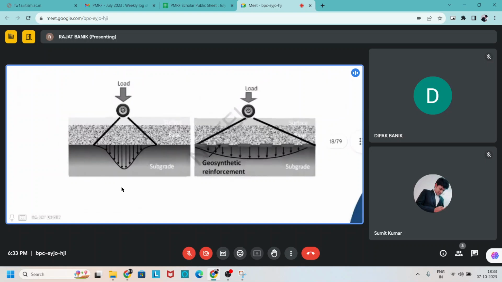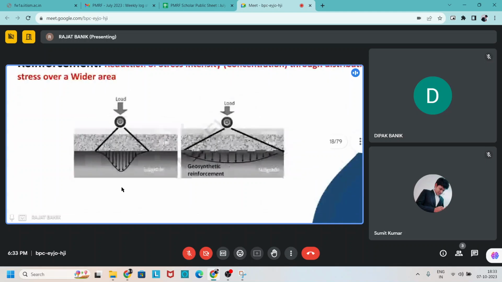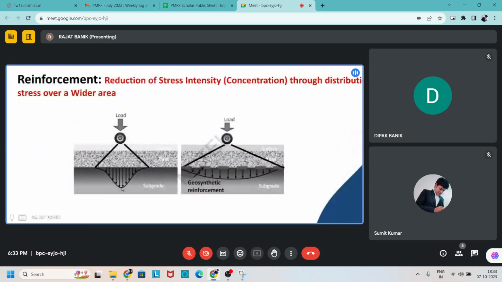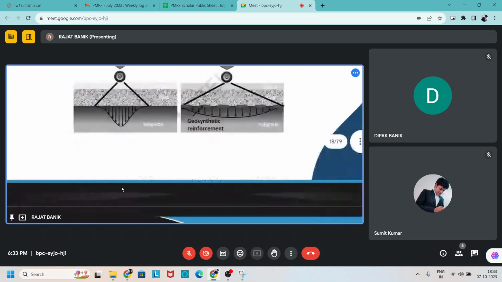In this way, we can avoid failure caused by the concentrated load, and localized failure. This is one of its functions.